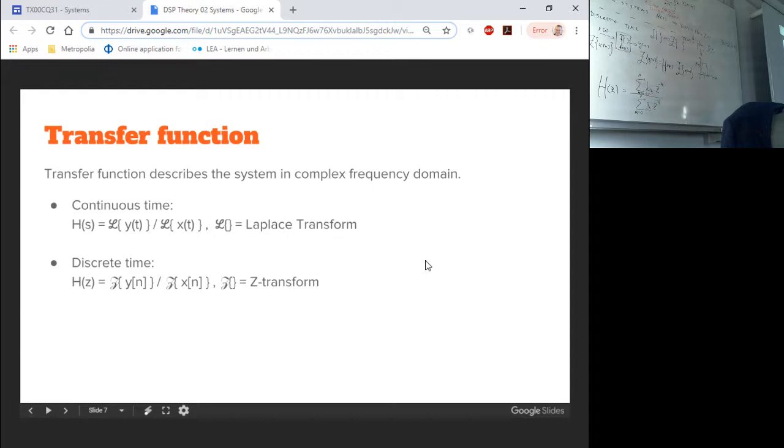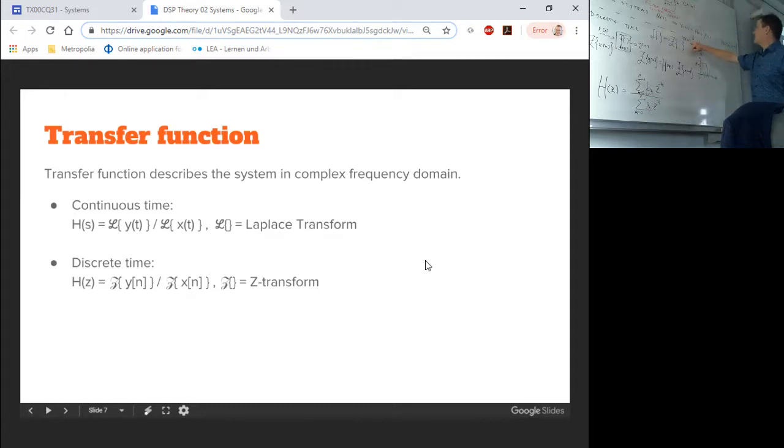Not only in the time space, but the same parameters on the discrete time system are also in the frequency space. That's really handy. You don't need to actually do the calculations in between. You just need to know the system coefficients and you immediately know how the system behaves in frequency space.